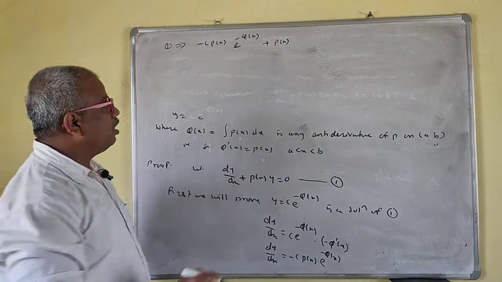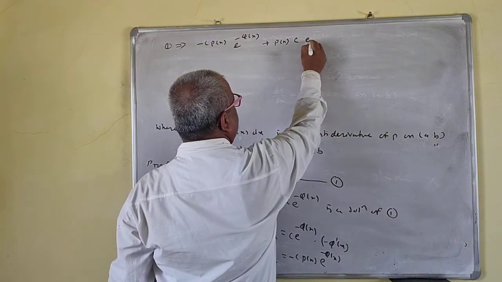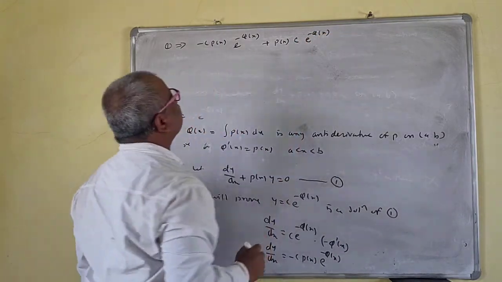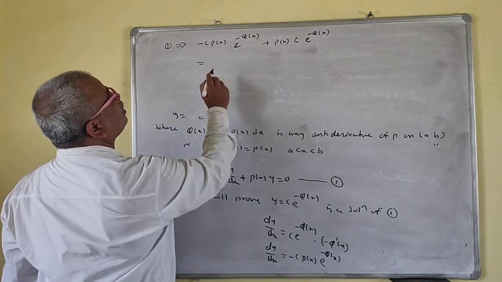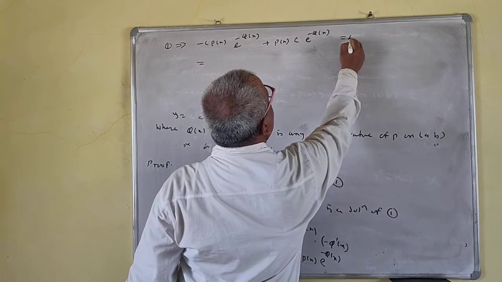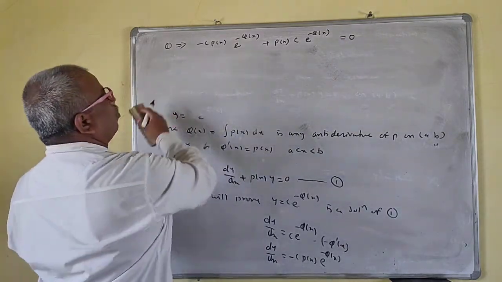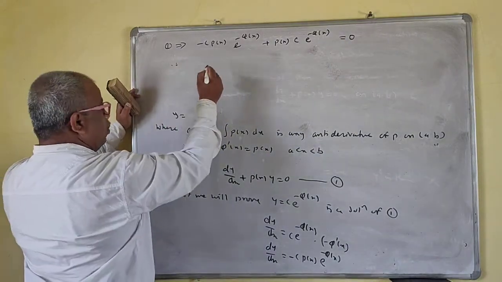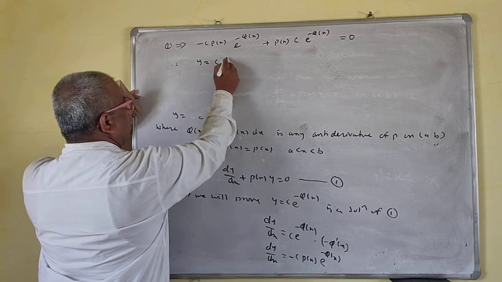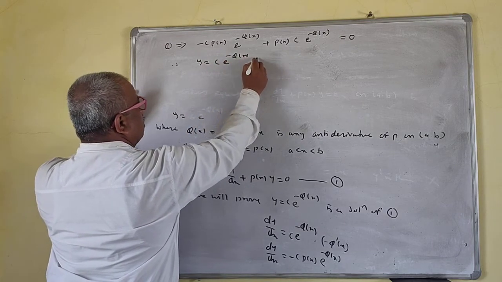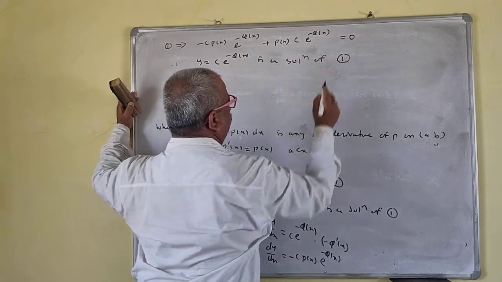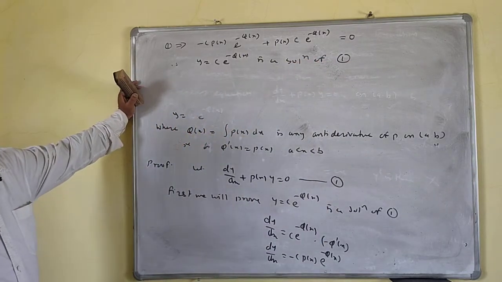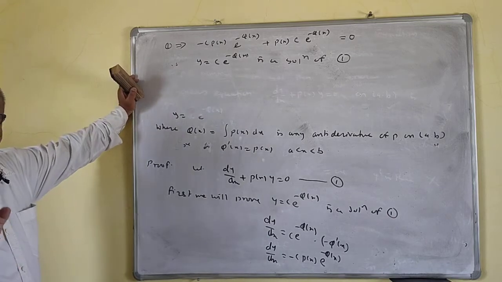Y is c e raised to minus phi of x. So this is equal to 0. Therefore y is equal to c e raised to minus phi of x is a solution of 1. Now see, c is the arbitrary constant here, so it is a general solution.